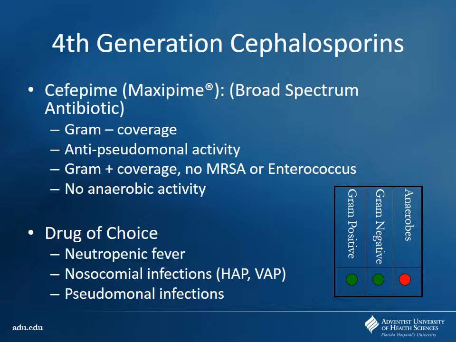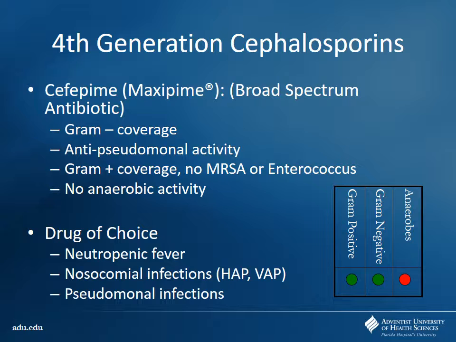So this is why this is a really good drug of choice for things like neutropenic fever. So if you have a patient who's on active chemotherapy and they're neutropenic, or if they have AIDS, really end-stage AIDS where they have no CD4 cells left, these are going to be better alternatives for them when they come in. Because, again, when they're coming in with fever and you can't really cite a source for where it's coming from, you need to use broad-spectrum antibiotics to cover all of that.